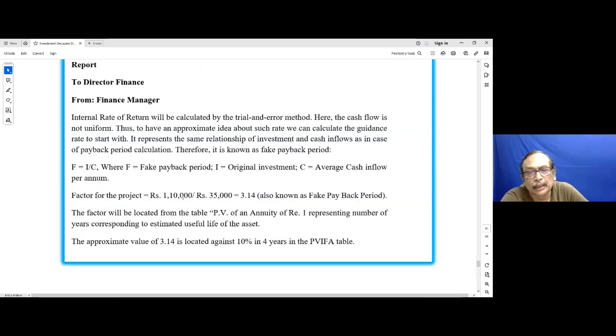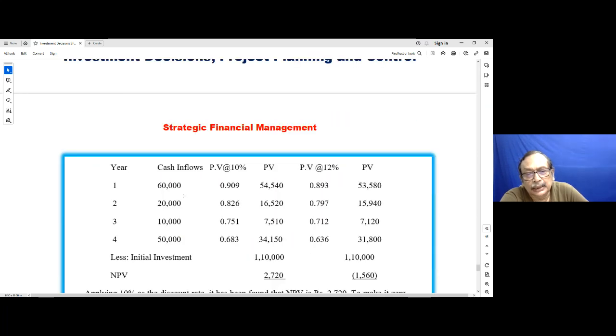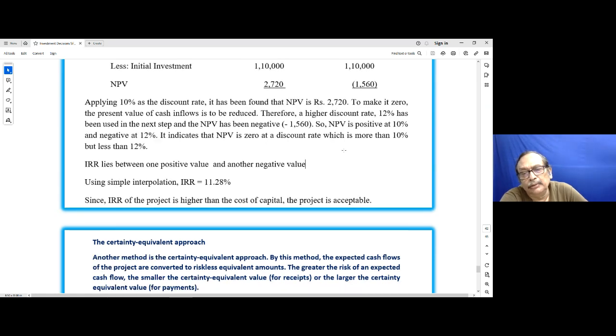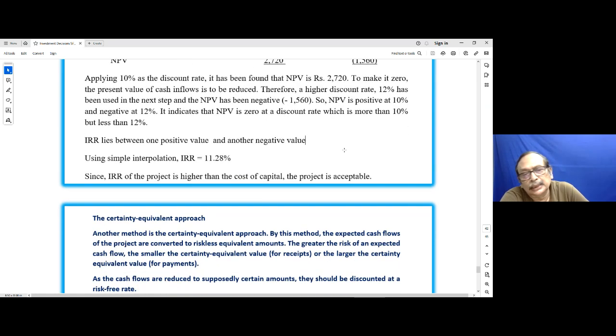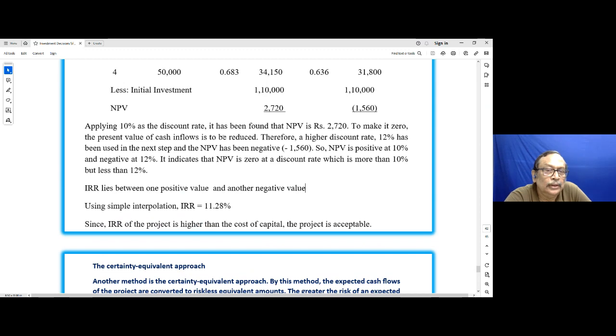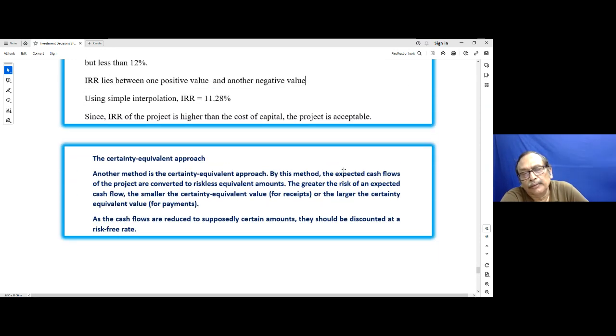So we have done all the necessary calculations, and it is seen that using simple interpolation, IRR is 11.28%. Since IRR of the project is higher than the cost of capital, the project is acceptable. So that is a practical example of considering a project with the help of calculating the IRR.